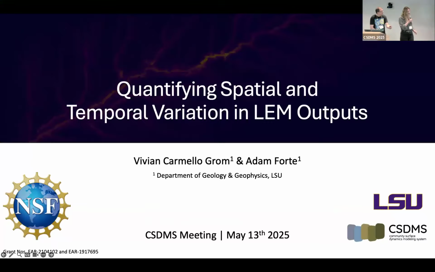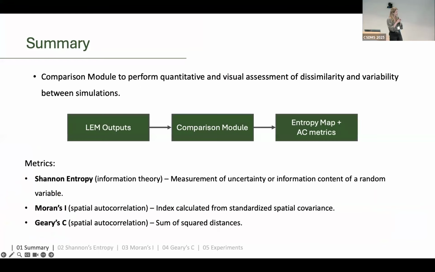Okay, so perfect. My name is Vivian Grom. I'm a PhD candidate at LSU, and I was here last summer as a visiting scholar to develop this part of my dissertation, which is basically quantifying spatial and temporal variations in LEM outputs.